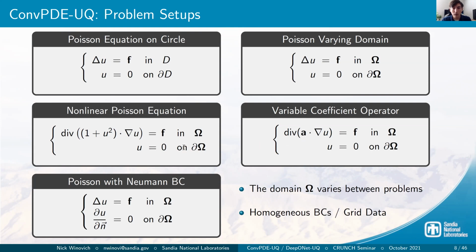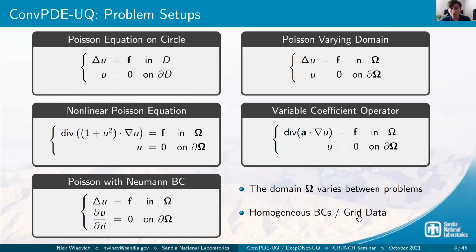And our goal is to predict the solution U. Now, because the domain is varying, I should mention we are always considering homogeneous, and in this case Dirichlet, and also we can use homogeneous Neumann boundary conditions, but that's really a matter of how we input the data. I just wasn't sure how to discretize the boundary other than giving a sparse representation in this kind of grid format.